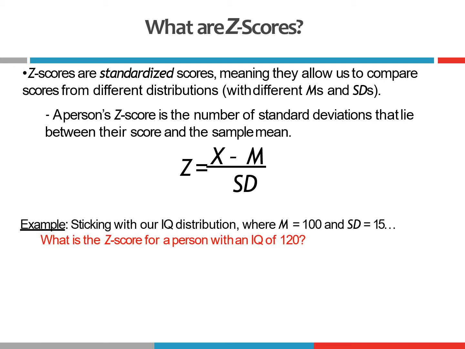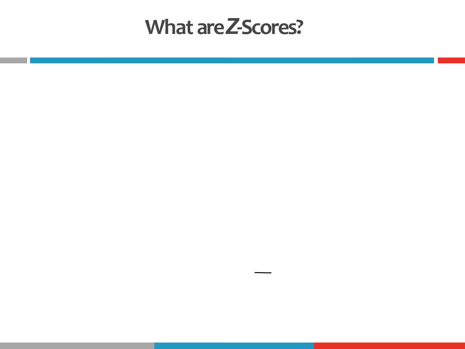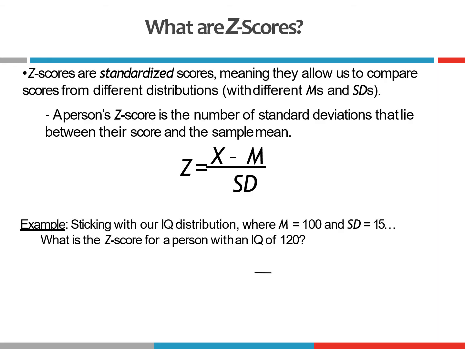Sticking with the IQ distribution from the previous slides, where the sample mean is 100 and the sample standard deviation is 15, we could calculate the z-score for a person with an IQ of 120 by inputting those values into the formula.